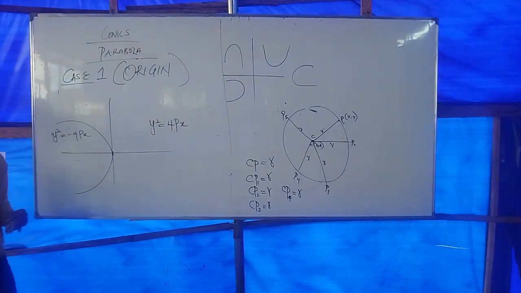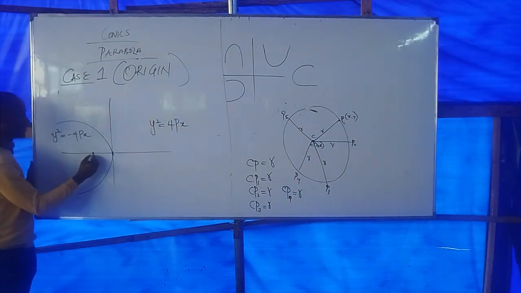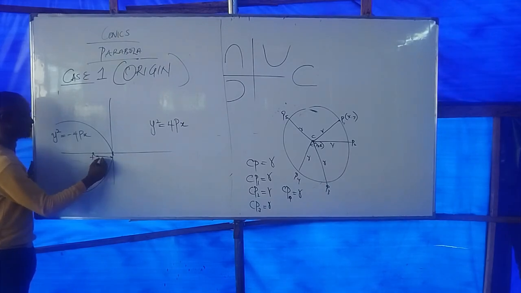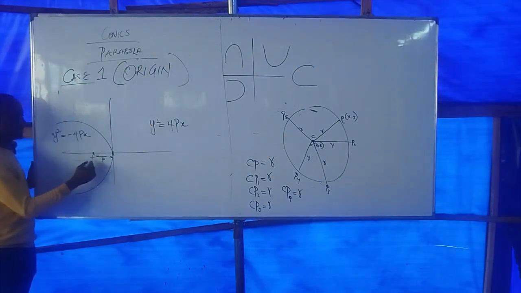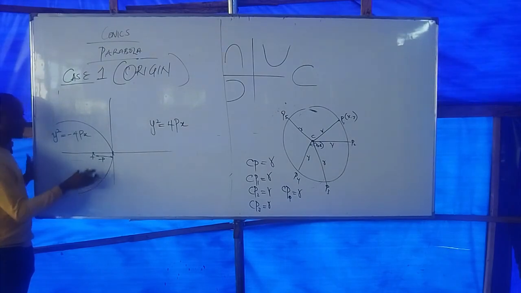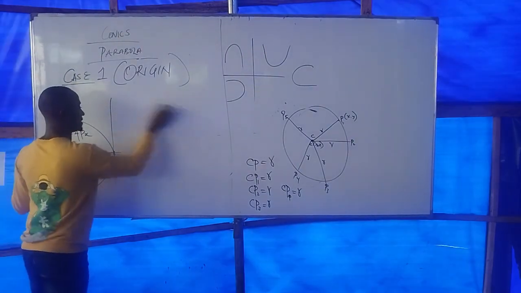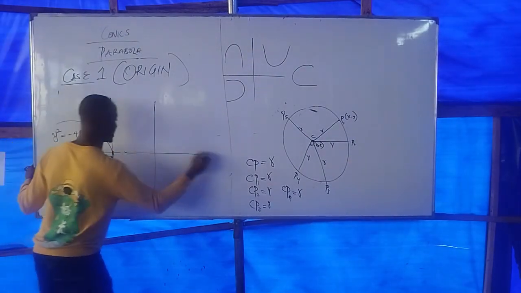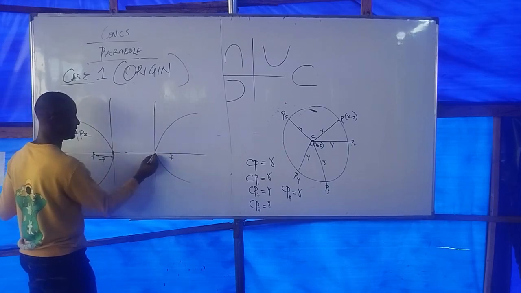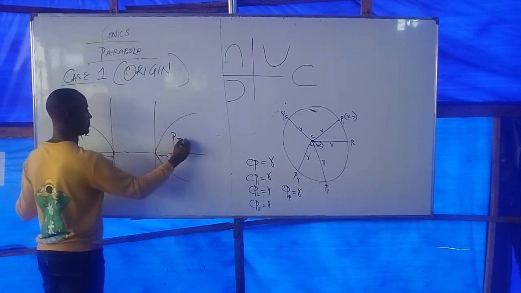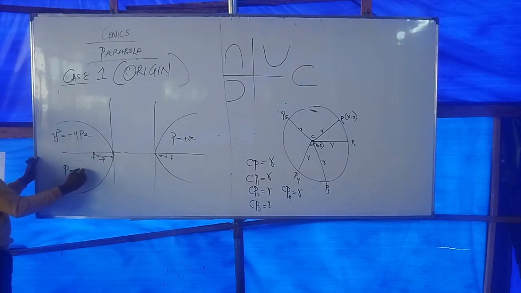Why is it minus 4px? Because the parabola is enclosing the negative x-axis. Don't forget that at every parabola we have what is called the focus, right? And please take note that from the focus to the vertex is always p units away. So for this kind of graph, our p is negative because the parabola is enclosing the negative axis. For the graph enclosing this region, our p from the focus to the vertex is positive.